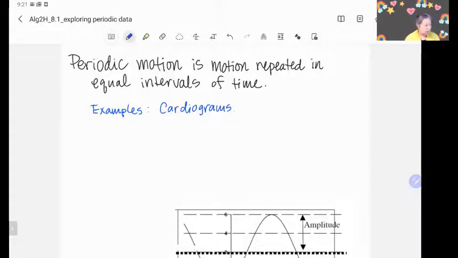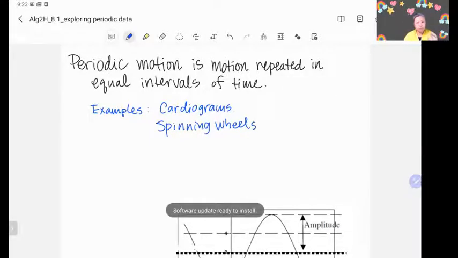Then what else? Spinning wheels. If you focus on a certain point on that circle shape, that point starts at a certain position, goes through one circular motion and hits the original position again, and it completes a revolution every certain period of time, unless there is a speed change or something like that.